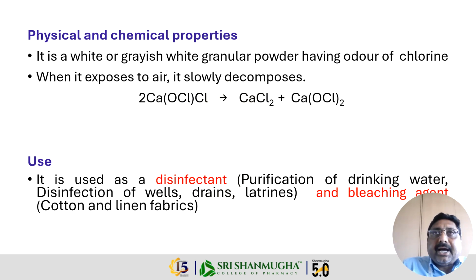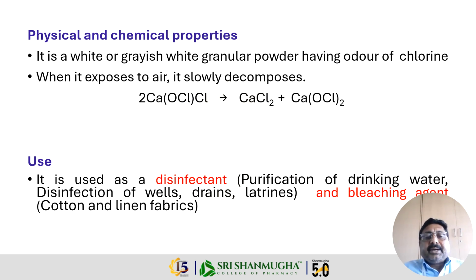The liberated iodine with the starch will give blue color. After the addition of sodium thiosulfate, all the iodine will react with sodium thiosulfate, so there is no iodine. Iodine with starch gives blue color, so at the end point, the blue color will completely disappear, right?